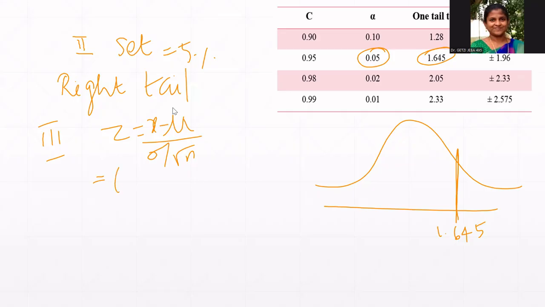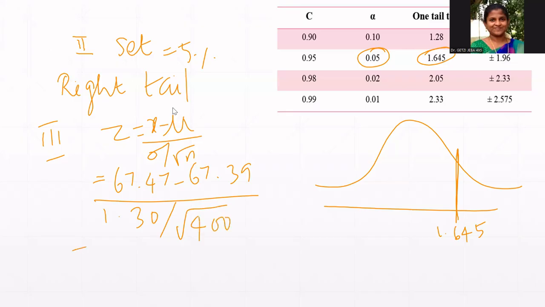So x value is 67.47 minus 67.39, divided by sigma, the standard deviation, 1.30 divided by root of 400. I get a value of 1.231. If I plot 1.231, it is around this point. Now it has fallen in the acceptance region.